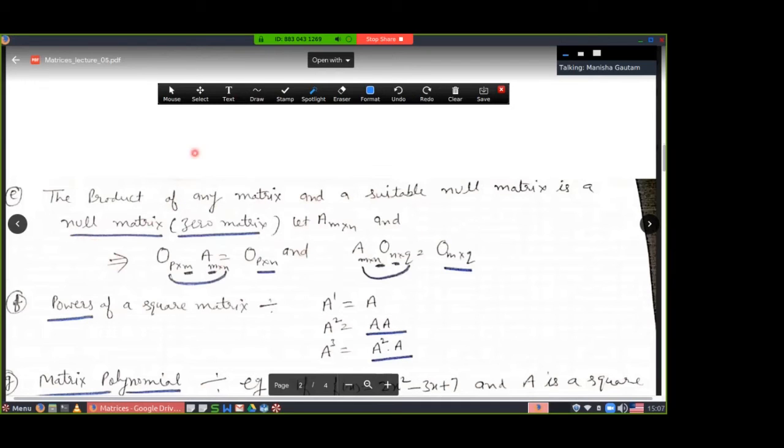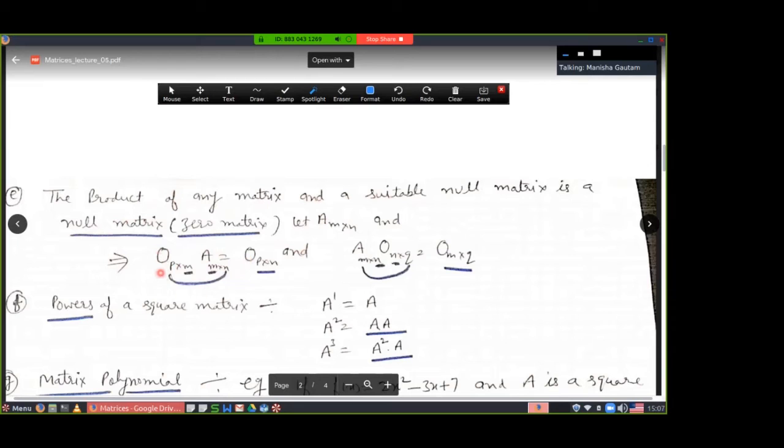When you multiply any matrix by a zero matrix, you get a zero matrix. Take a zero matrix of order P by M and any matrix A of order M by N. All the elements of the zero matrix are zero. When these are multiplied by A, you again get a zero matrix.